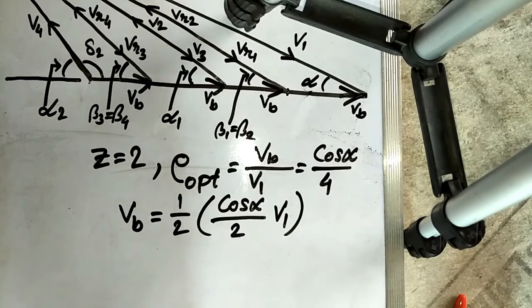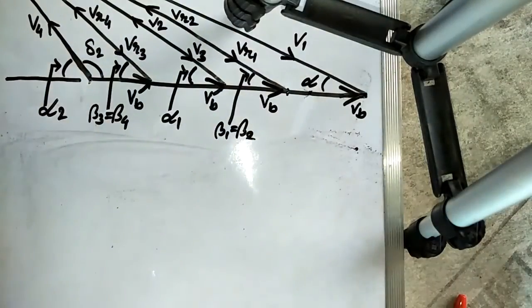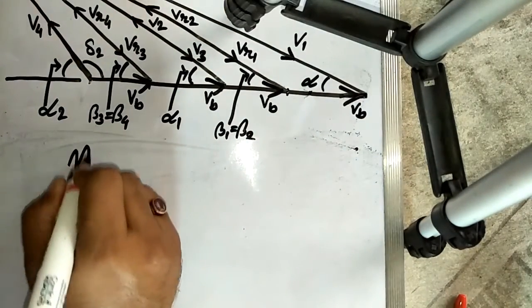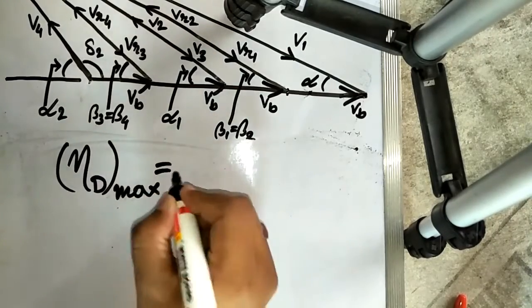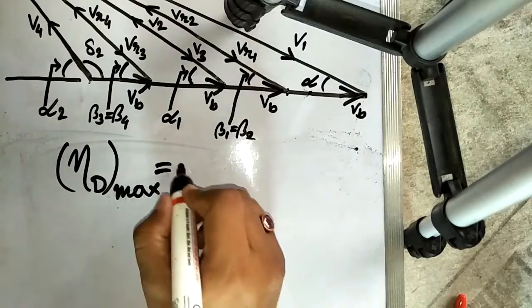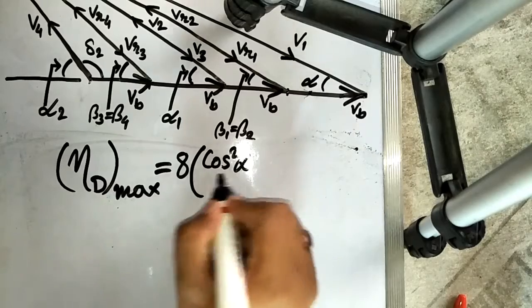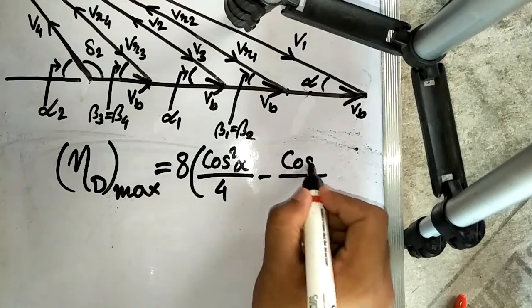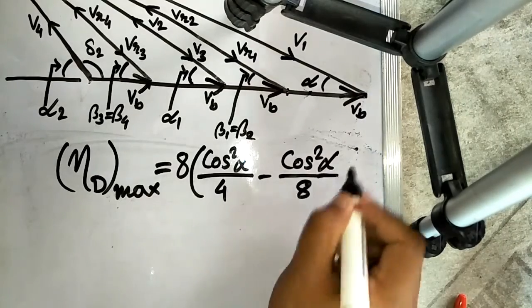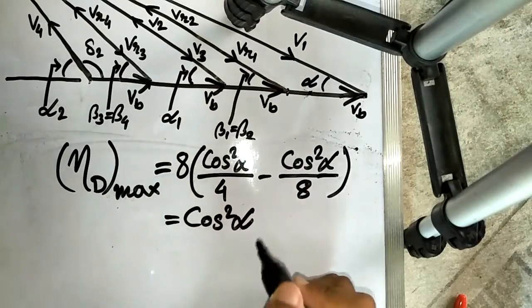So we get the value of maximum efficiency, eta d max, equals to 8 into cos square alpha by 4 minus cos square alpha by 8, which is equals to cos square alpha.